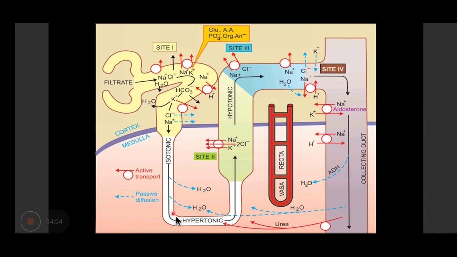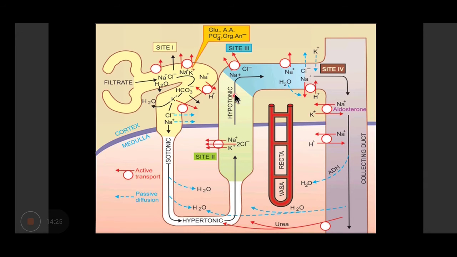But as it approaches the loop, since it is permeable to water, a lot of water goes into the medullary interstitium. And as a result of the loss of all that water, the ultrafiltrate now becomes hypertonic, more concentrated.